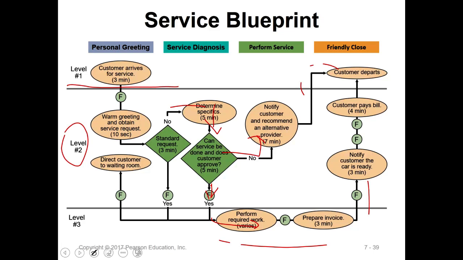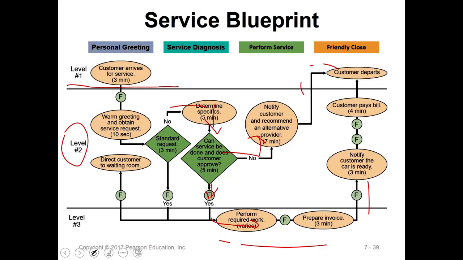At this moment, a customer is probably the dominant part, telling what they want. Then level 2 is the main interaction between the customer and the service provider. You want to find out detailed specifications, what the customer's need is.